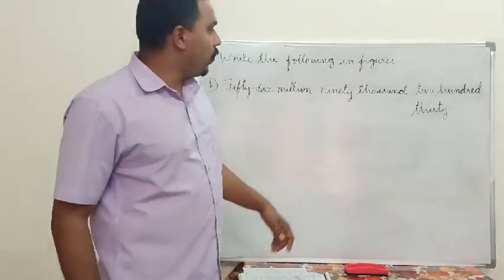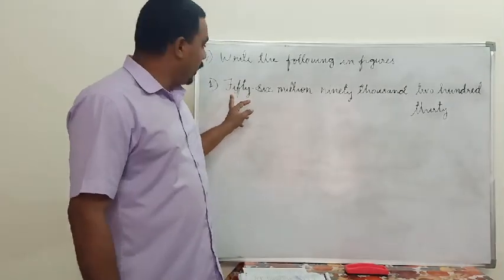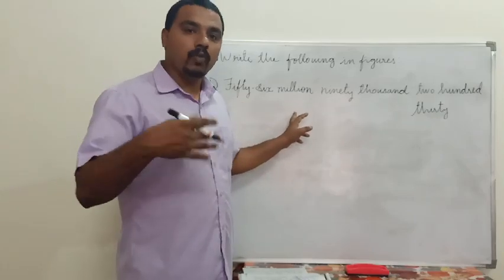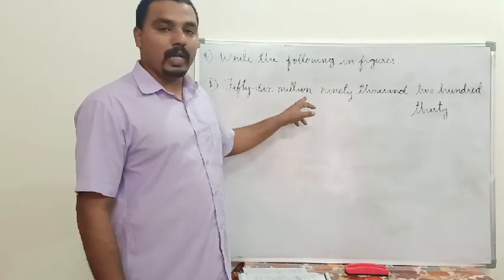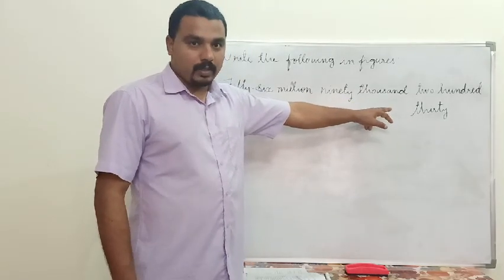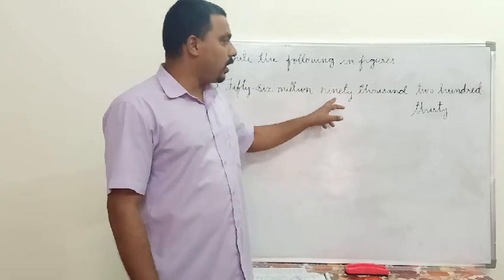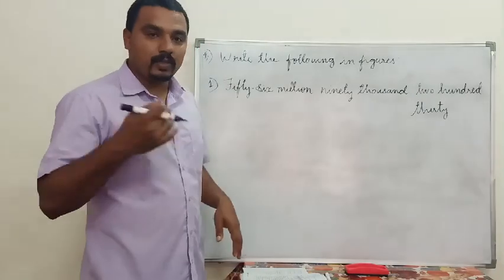Next, write the following in figures. The question is given in words and we have to write it in figures. Here we have the question: fifty-six million, ninety thousand, two hundred thirty. We have to write this number in figures.